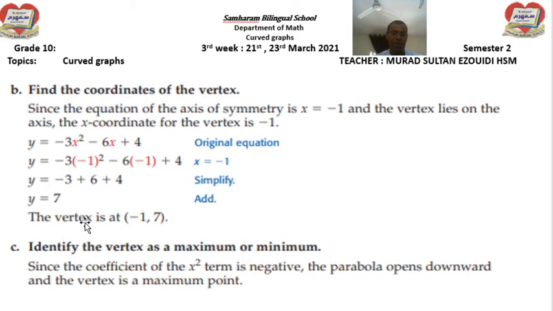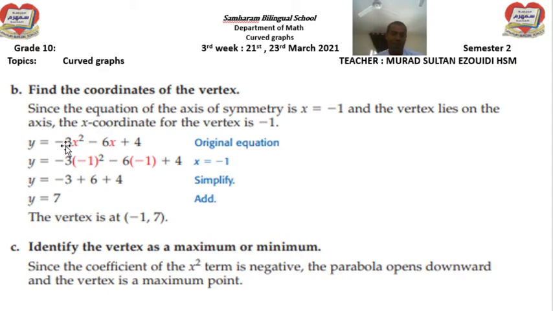So the vertex at the end can be written as minus 1, 7, which is the maximum, because a equal negative 3 is negative. Identify the vertex as a maximum or a minimum here.